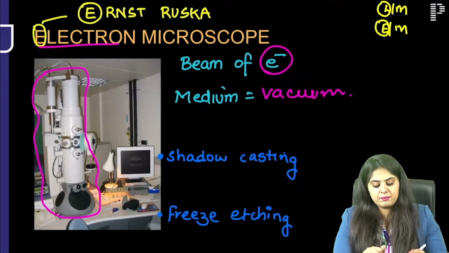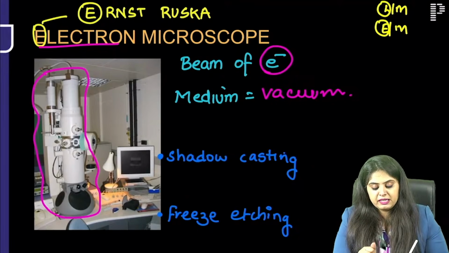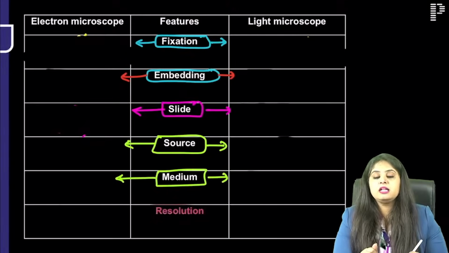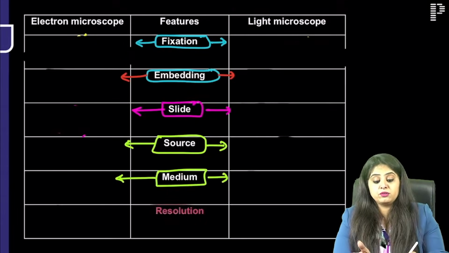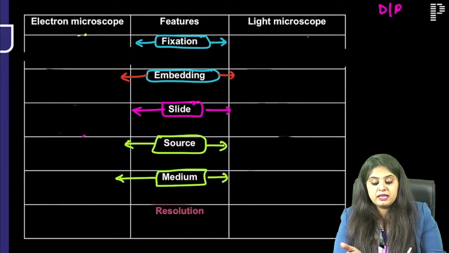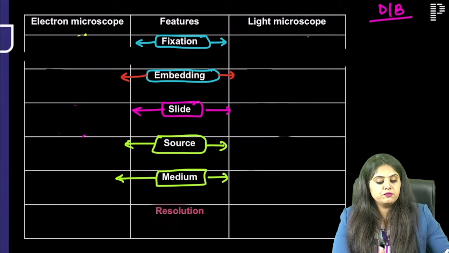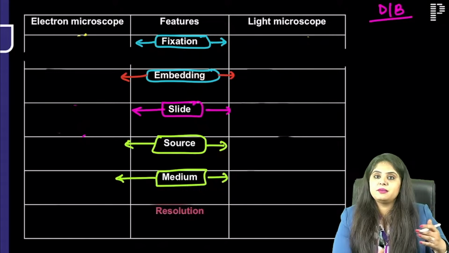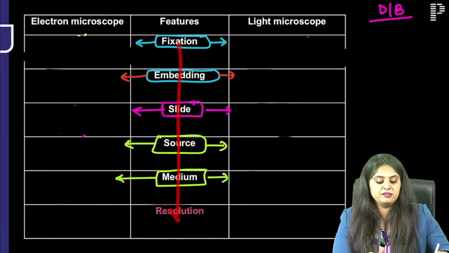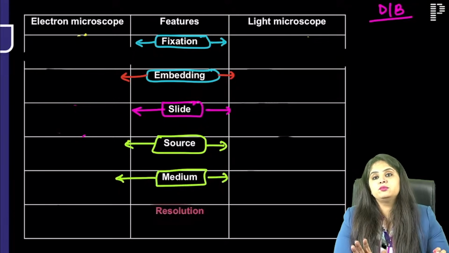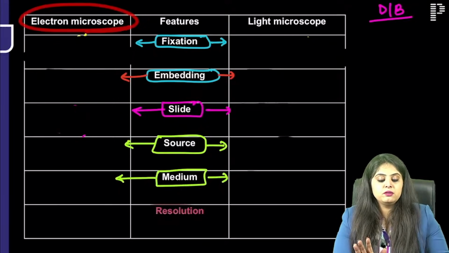These 2 terms I will come back to later. But I want to simply ask you that if you ever have to write a difference between a light microscope and an electron microscope, this can come in your exam as a short note or a difference between question also. So I will now tell you in a very step-by-step manner. I have written it also in a step-by-step manner. Before that, which is a better microscope?